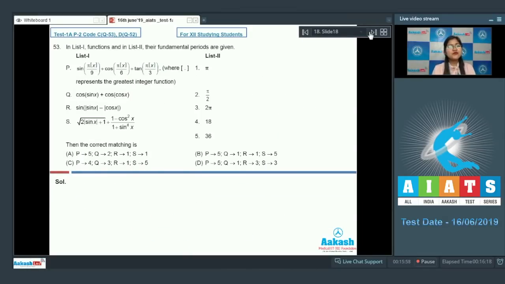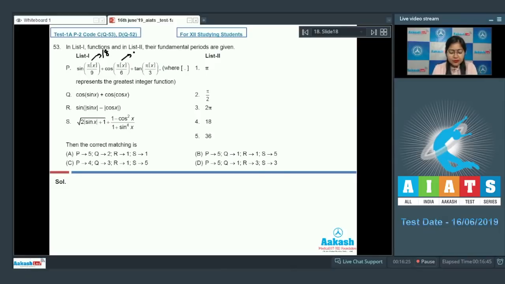Now let's discuss question number 53. In list 1, functions, and in list 2, their fundamental periods are given, right? Now if we talk about the first function, here it can be seen that if I put x as x plus 18, then we will get 2 pi plus pi times the greatest integer of x upon 9. So its fundamental period is 18.